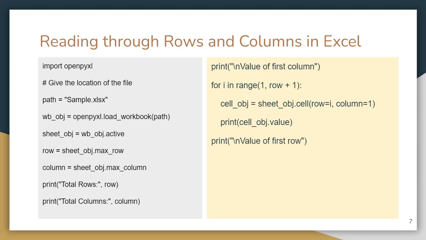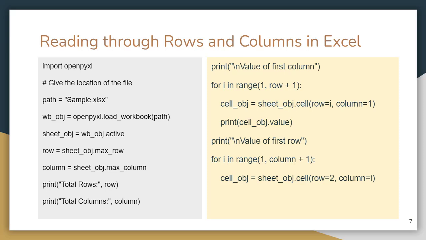Print value for the first row. For fetching the values of the first row, I am using here for i in range 1 comma column plus 1, that is to get values up to the maximum column. cell_object equals sheet_object.cell.